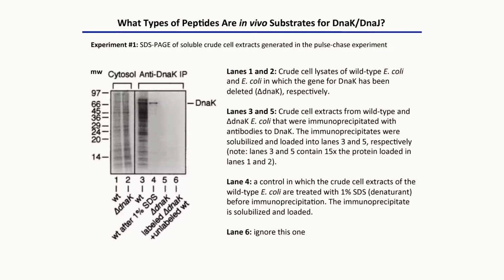So what do we see if we work through this gel? First, we just want to go over what the data show and then why that's important here. If we compare lanes 1 and 2, what do lanes 1 and 2 tell us?